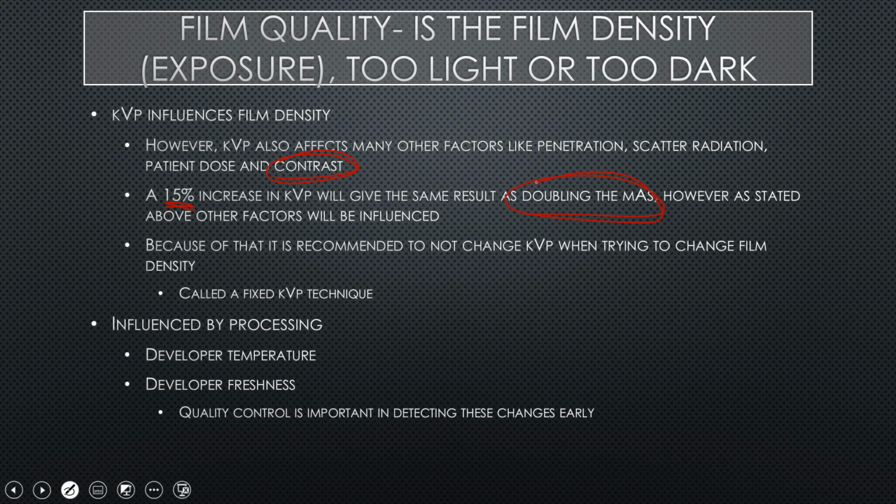So instead of changing the KVP, this is where we have this fixed KVP technique. So this is why when you guys are looking at your different body regions, we have a set KVP for you guys to memorize and to know, so you wouldn't have to change anything for that, and essentially you would just focus on the MAS when you're taking an image.